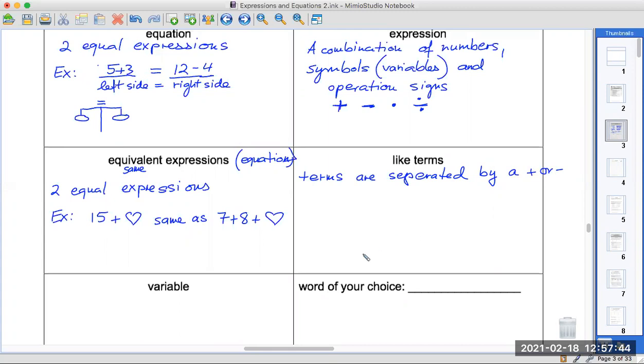Those are the operation signs you can use when it comes to terms. Now, like terms have to look alike. They have to be the same, okay? Like terms, like the word like says, have to look alike.